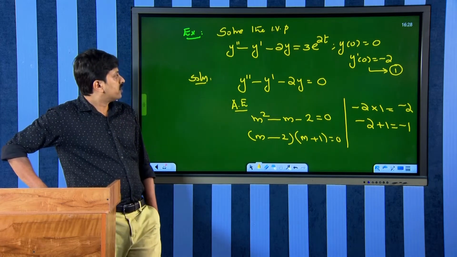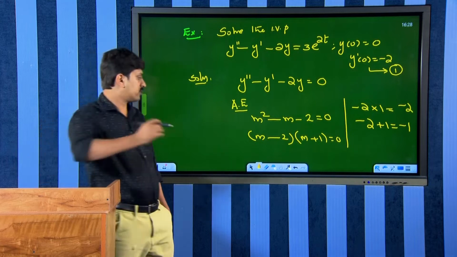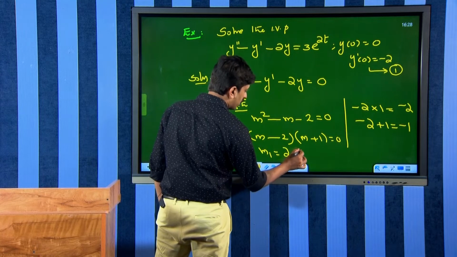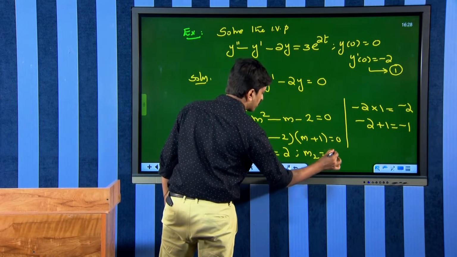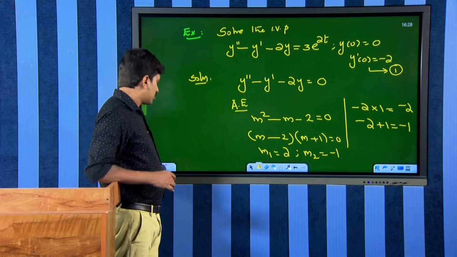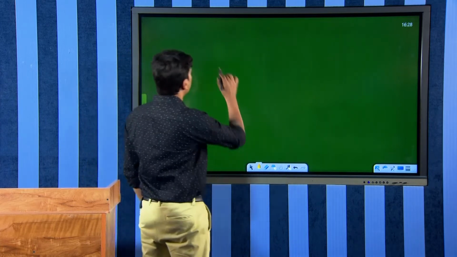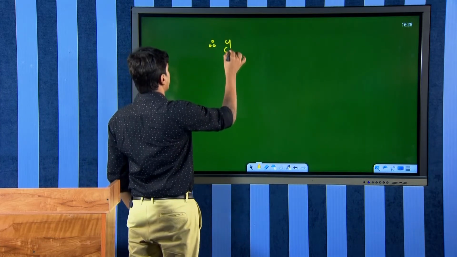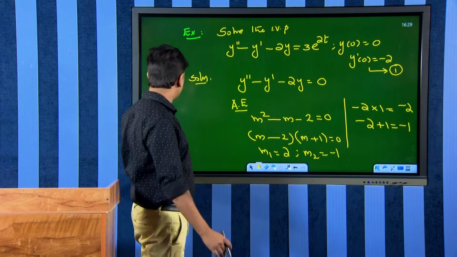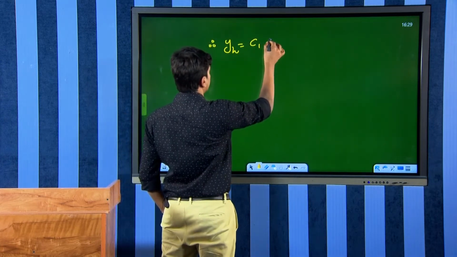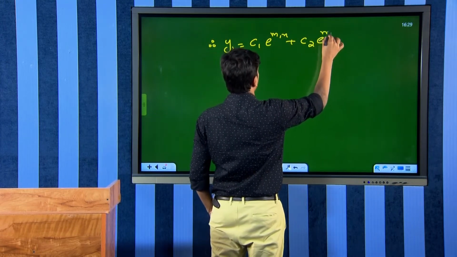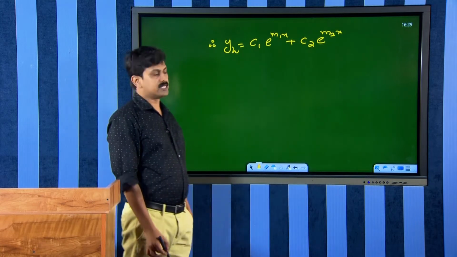Fine. Therefore, m1 is equal to 2 and m2 is equal to minus 1. So, dear students, we will have the general solution. Therefore, yh, the general solution of the homogeneous equation: the roots are real and distinct, so we will have the general solution C1 e raised to m1 x plus C2 e raised to m2 x.